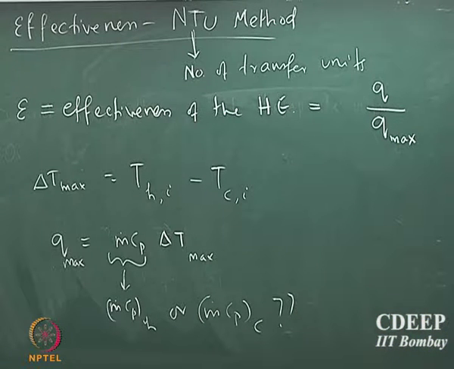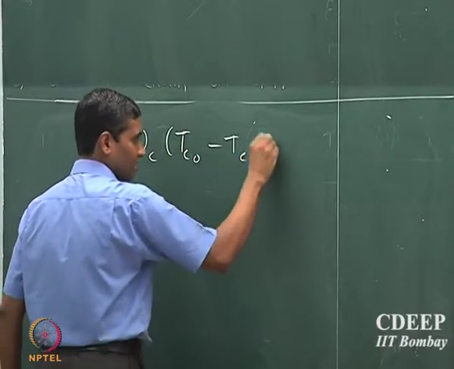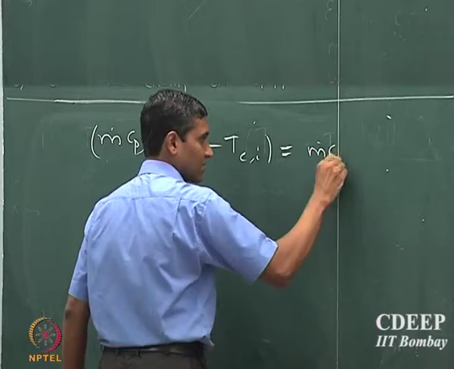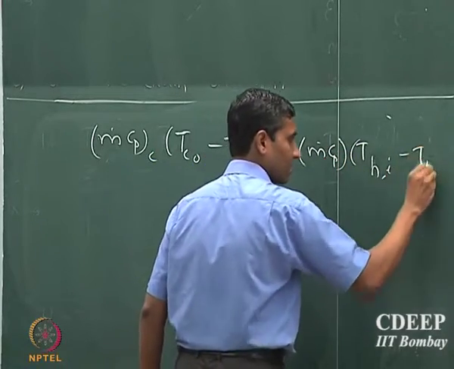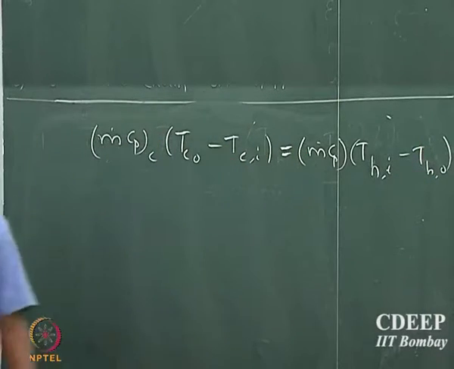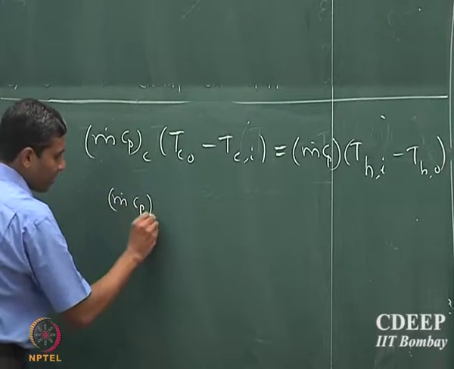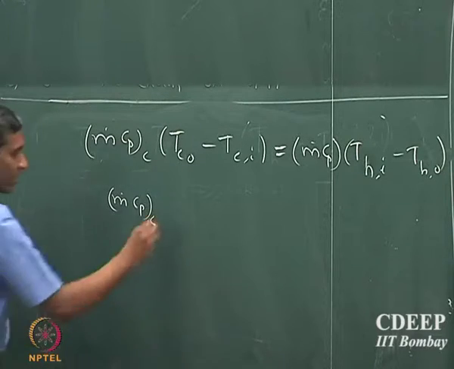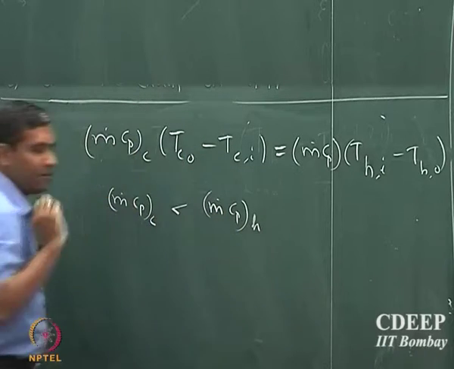Suppose I say that, say under steady state conditions, m dot Cp of cold fluid times the temperature rise equals m dot Cp of hot fluid times the temperature drop, right? So that's the simple steady state balance. Now suppose I say that m dot Cp of the cold fluid is lesser than m dot Cp of the hot fluid.